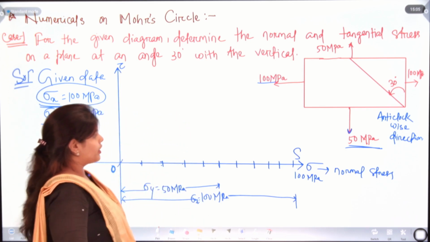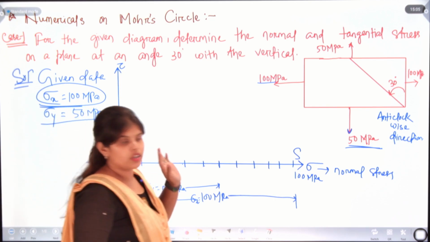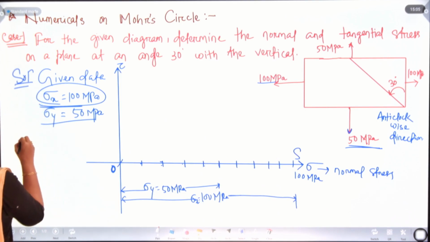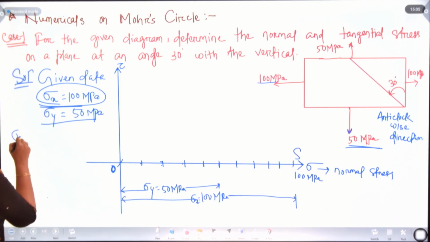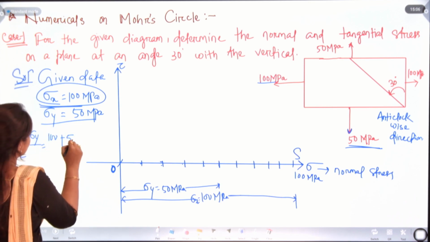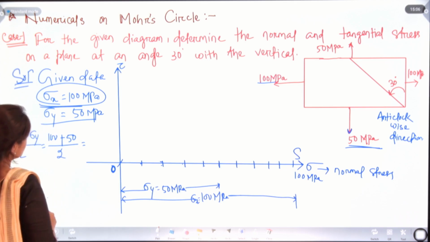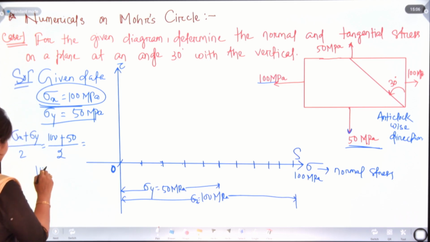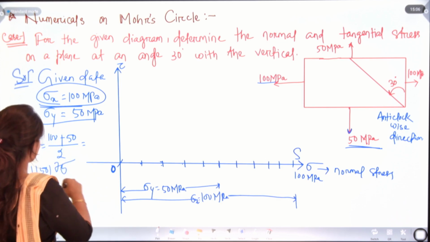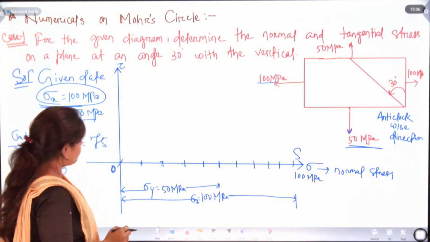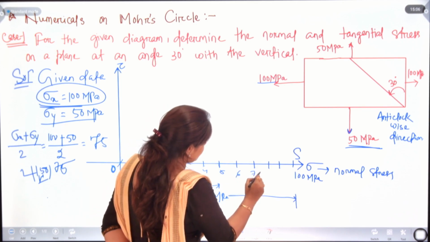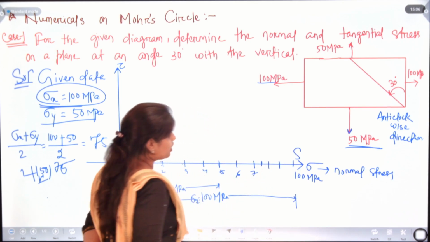Here we have sigma x and sigma y. Okay. Now our work is to find out sigma x plus sigma y upon 2. So, sigma x plus sigma y by 2 will be 100 plus 50 by 2, that is 150 upon 2, that is 75. We will have it here, like 1, 2, 3, 4, 5, 6, 7.5. Here we will have that point.